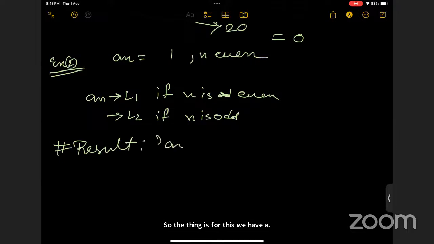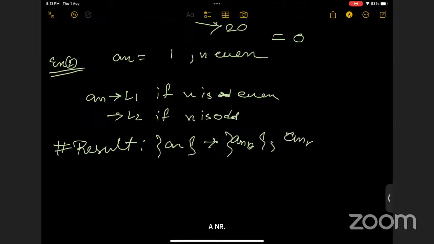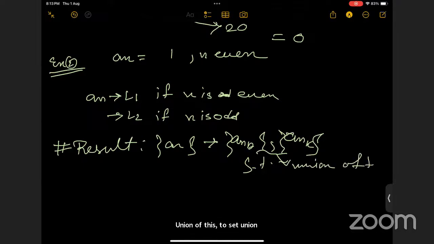If we have a sequence a_n and we have some subsequences a_{n_r} and a_{n_k}, just suppose, such that the union of these two sets equals the whole set, and in this case they are disjoint.